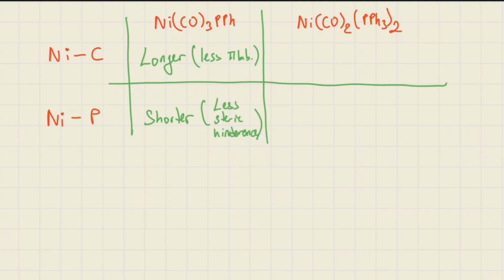We have only one phosphine ligand here, and in complex 2, we have shorter nickel carbon bonds. The reason is that there is more pi back donation.